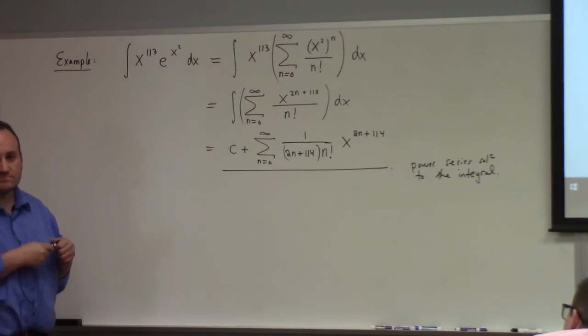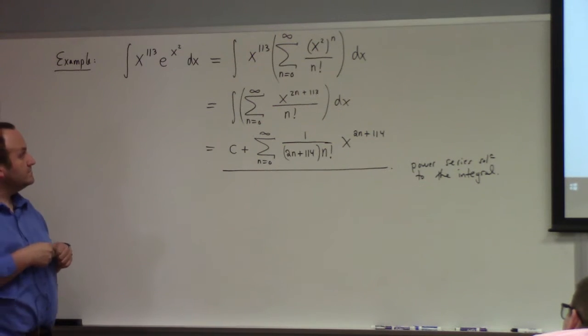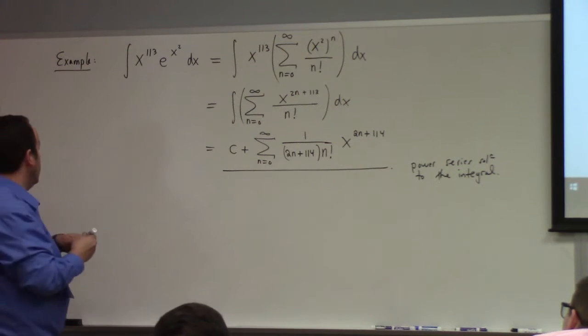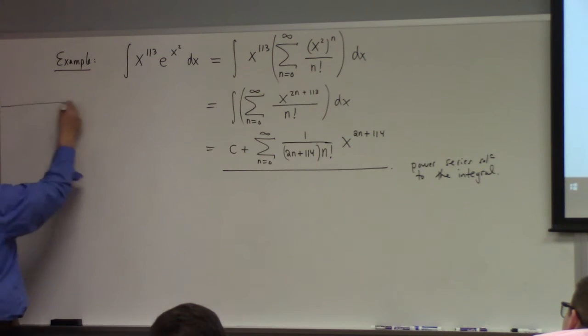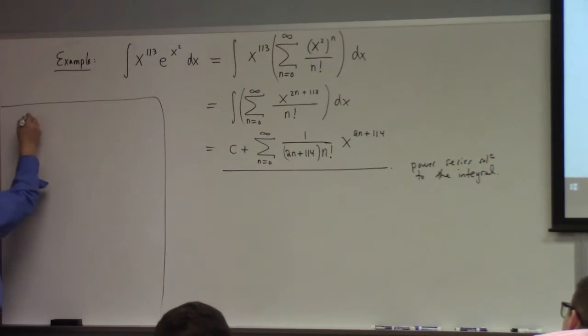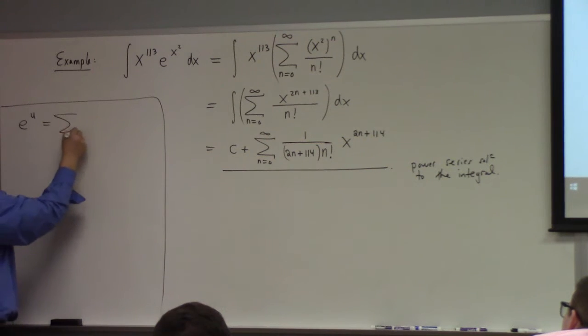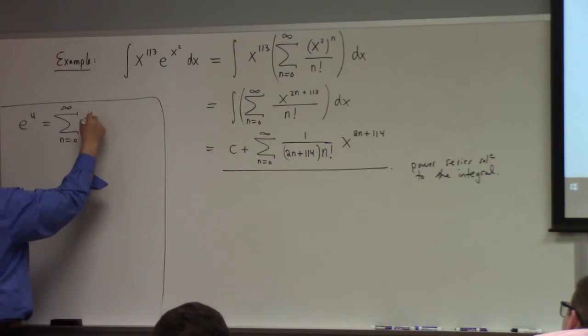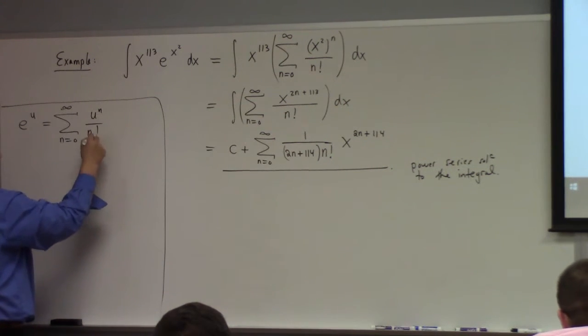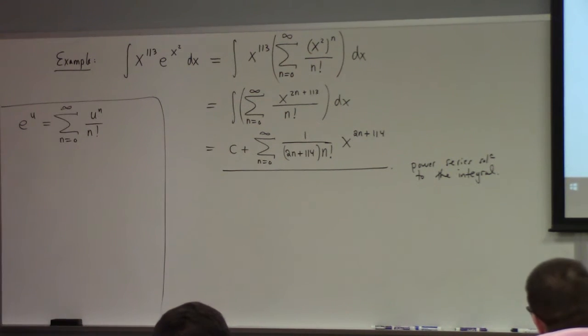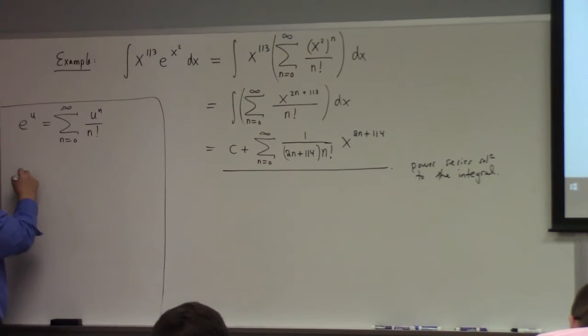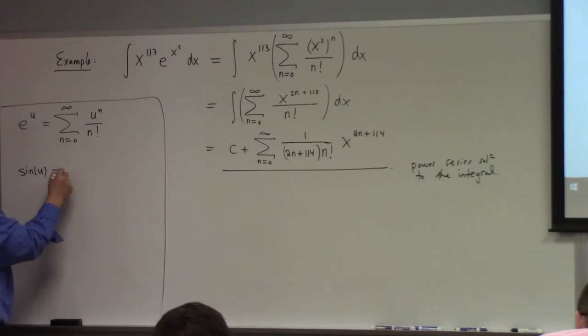Questions? Yeah, I don't really understand the first step. The basic thing here is e to the u is the sum, n equals 0 to infinity, of u to the n over n factorial. This is one of the things you need to memorize. Another thing you need to memorize is this.